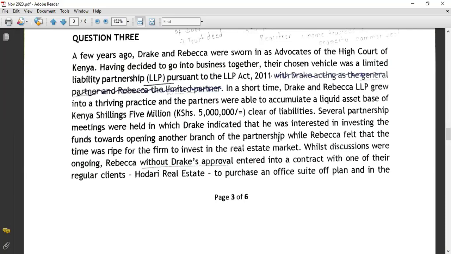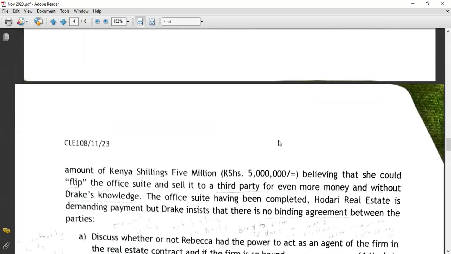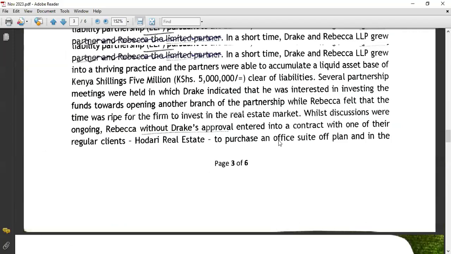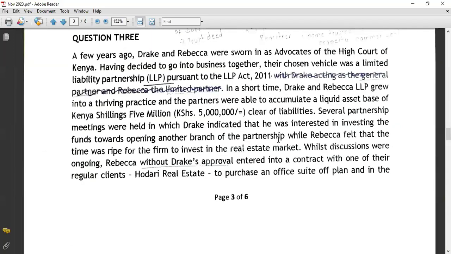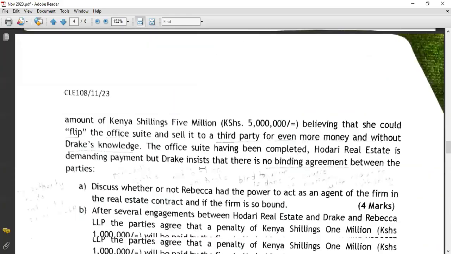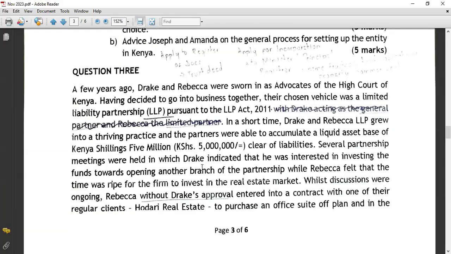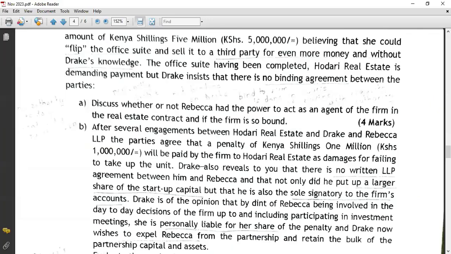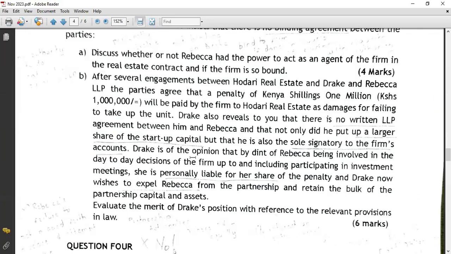No, their chosen vehicle was an LLP pursuant to a short time LLP. So they registered. Yes. But that, you see, was their vehicle. But they didn't have a partnership agreements.